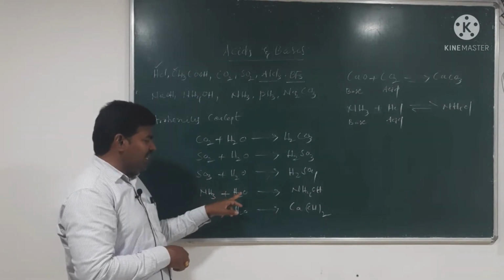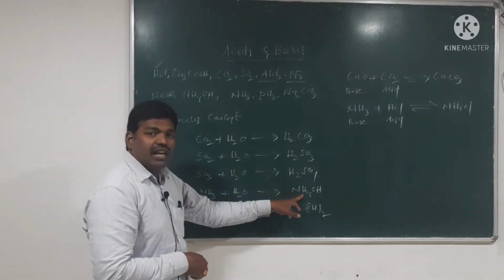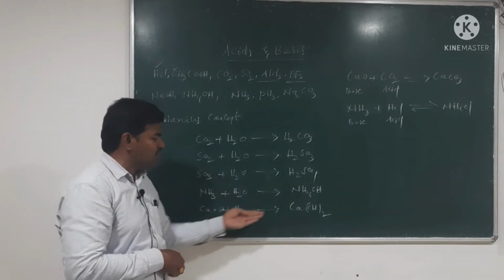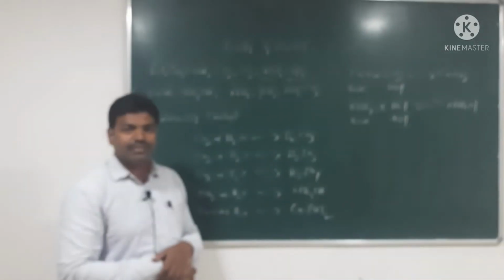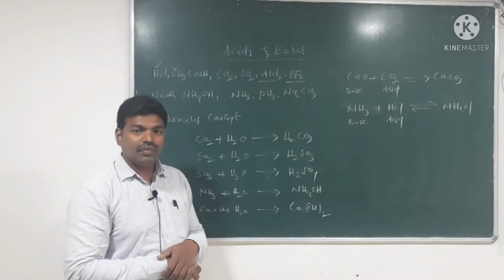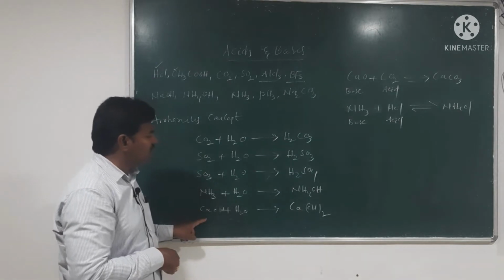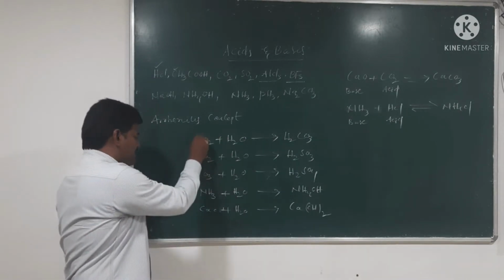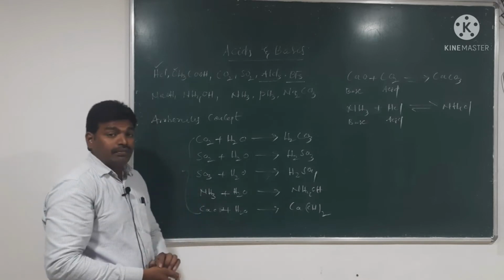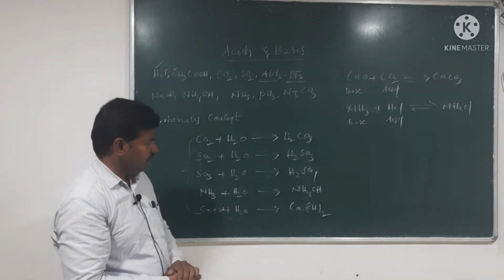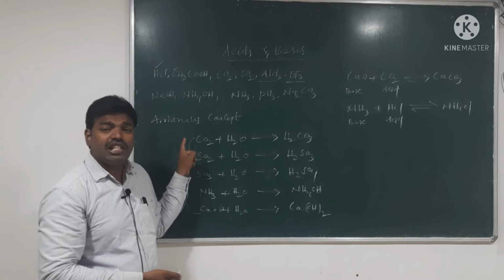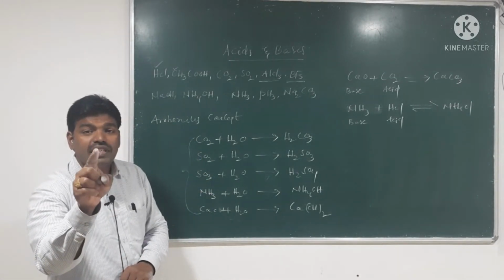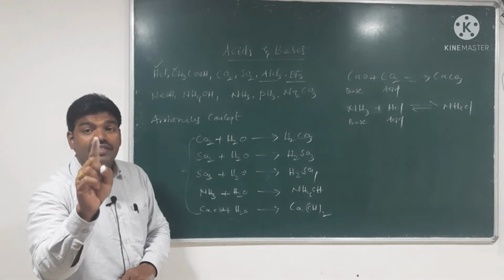NH3, when we dissolve it in water, can furnish OH minus ions. Similarly, CaO can also furnish OH minus ions. All these compounds can furnish H plus ions or OH minus ions only in the presence of water as a solvent.